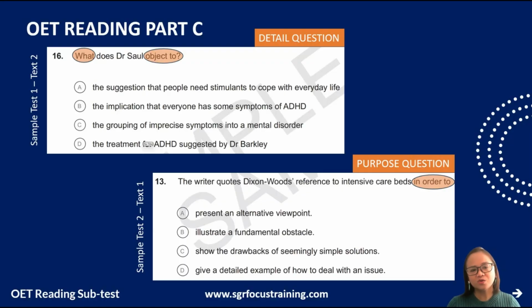And when you've got a question that is looking for something very specific, that is a detailed question. When you say something he objects to, it means something he disapproves of, something he doesn't like, something he disagrees with. So this is not looking for the reason why, but this is looking for something very, very specific, something he doesn't like.